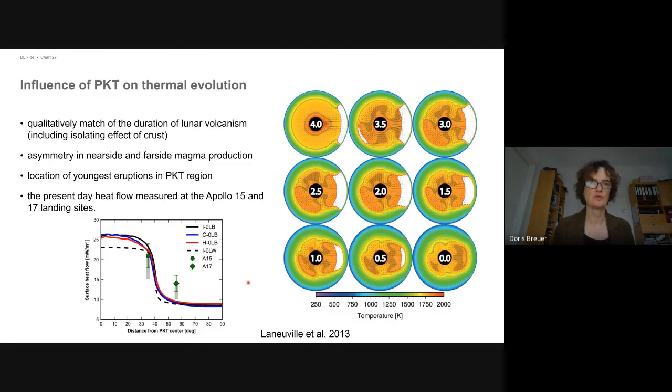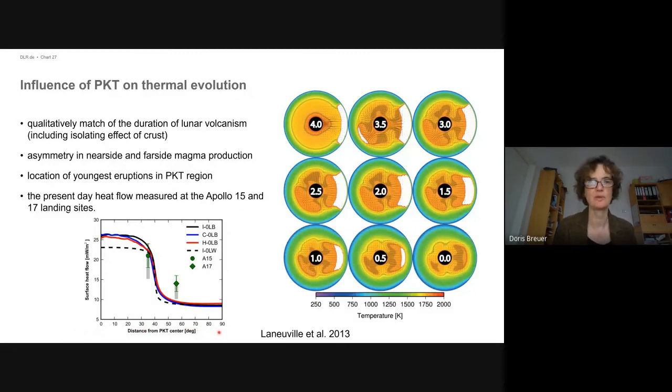What you see here is actually a qualitative match of the duration of the lunar volcanism. Again, that is the effect of the insulating effect of the crust. We see an asymmetry between the near and far side in the magma production. So that would be the near side and that would be the far side. We have the location of the youngest eruptions in the Procellarum KREEP region. And what you see here is the surface heat flow as a function of distance from the center of that region.